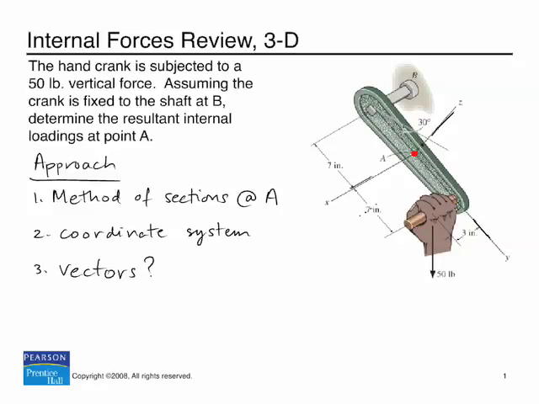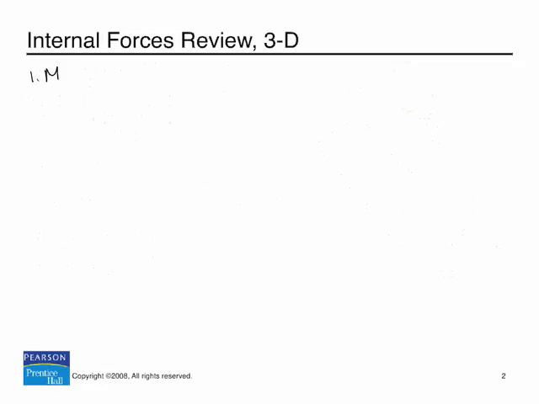Okay, so what we're going to do is start by making this method of sections cut at A. And I'm going to try and draw this in a 3D way to make very clear what we're trying to do here.